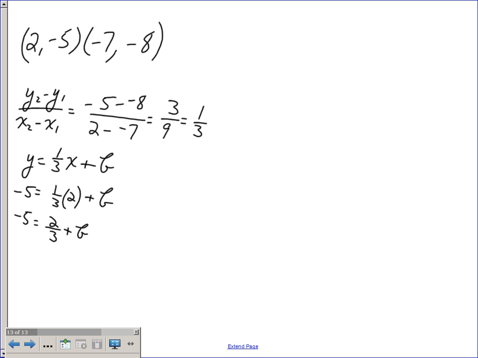This problem's a little bit easier to work with, isn't it? I don't like mixed numbers myself, so I like to put everything into improper fractions, because we use improper fractions a lot.